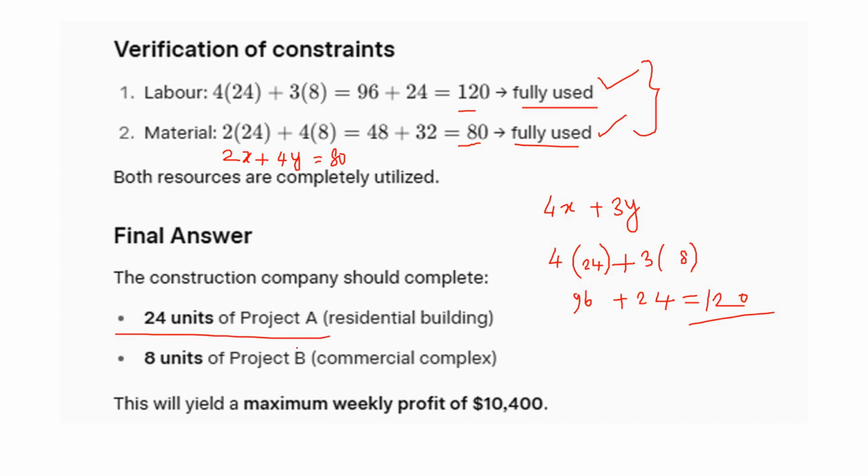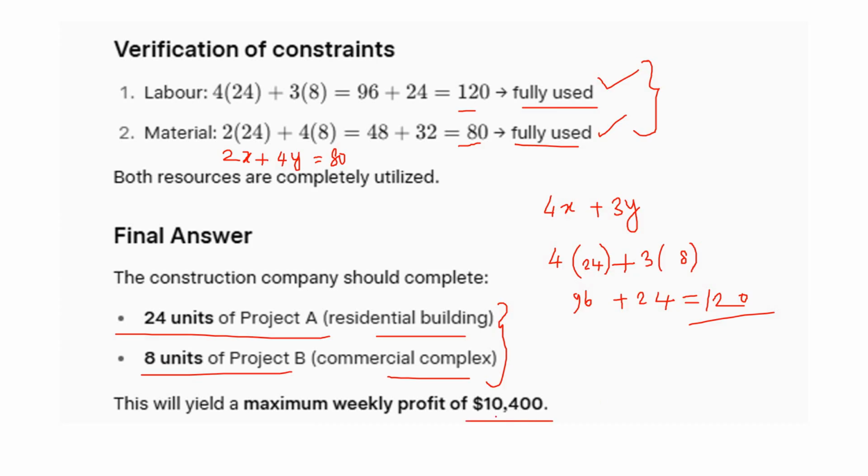24 units of project A should be used. 8 units of project B should be used. This is for the commercial complex. This is for the residential building. So we have utilized the maximum units and also optimal units, and we have maximized the profit.